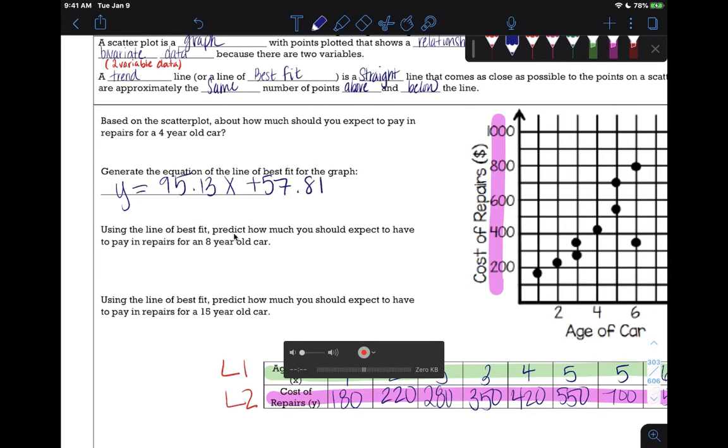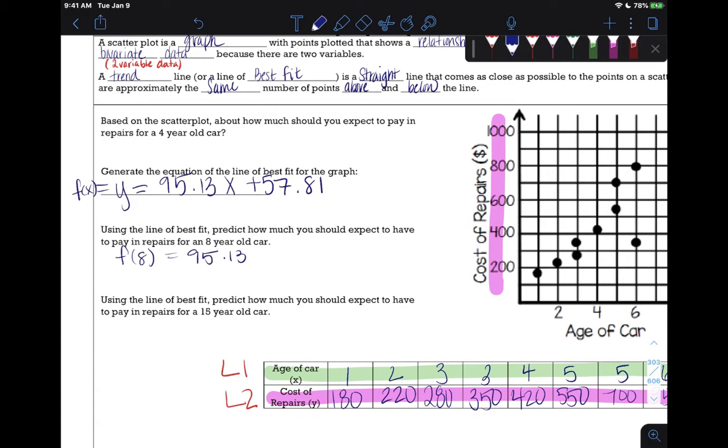And here they're asking me to predict something. Here my X was the age, Y was my cost. They want to know for an 8-year-old car, give me an approximation. So I'm just going to name this f of x, just so we can remember our function notation. f of 8 equals 95.13 multiplied by 8 plus 57.81.